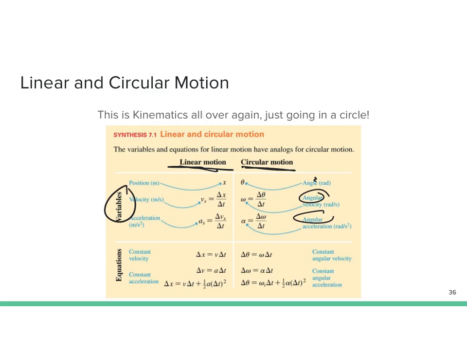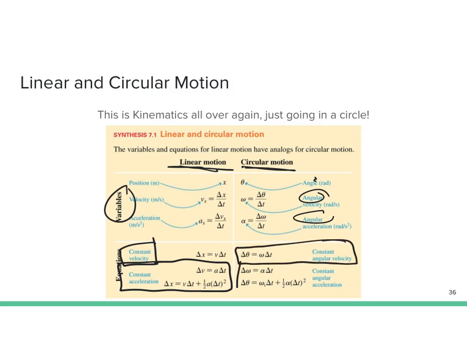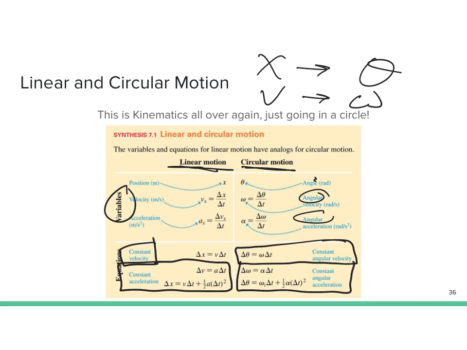Before, we had uniform motion, aka constant velocity, and non-uniform motion, aka constant acceleration. Now we'll have the same thing. If we look at these formulas, which I put in your outlines, they are identical, except instead of position, it becomes angular position. Instead of velocity, it becomes angular velocity. And of course, instead of acceleration, it becomes angular acceleration. So nothing new. It's a great review of what we did earlier in the year.